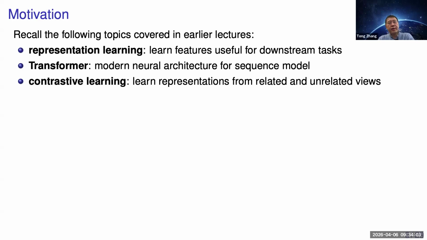The contrast means, if you recall, related and unrelated views. In the work we talked about before, related views can be generated by augmentation, for example, and unrelated views could just be generated from other data.